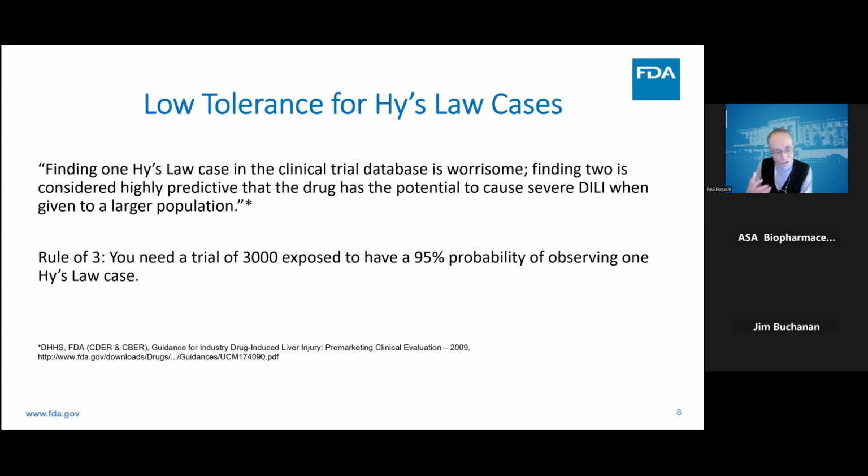And if you do this statistical work, there's something called the rule of 3, which means that you need a trial of about 3,000 exposed, not just enrolled, but exposed, to have a 95% probability of observing just 1 Hy's Law case. So again, a fairly low bar for at least raising some concerns about whether the drug's going to have trouble post-market.